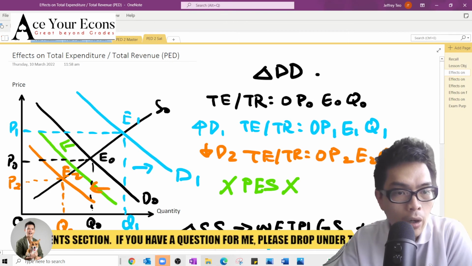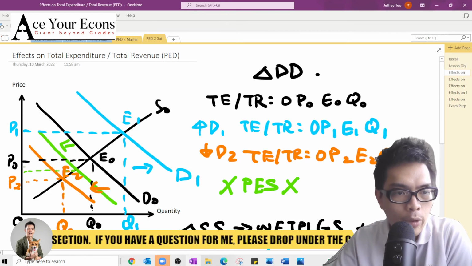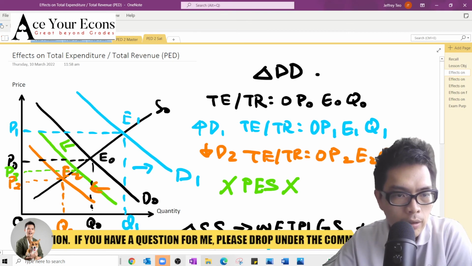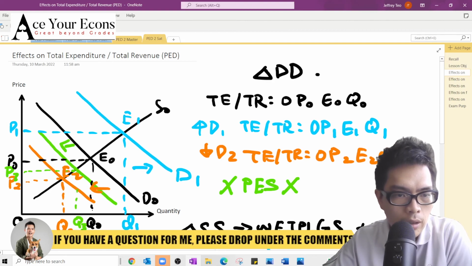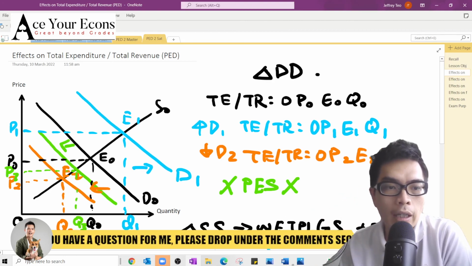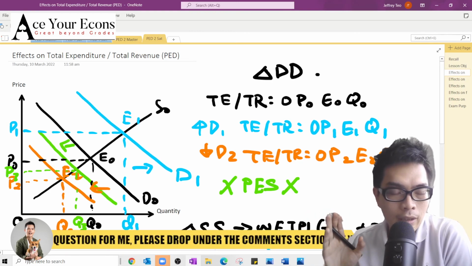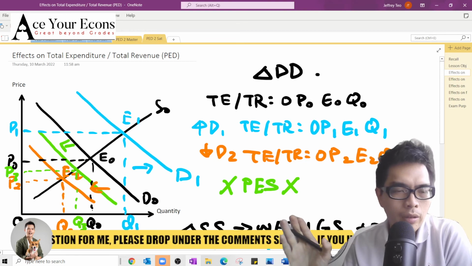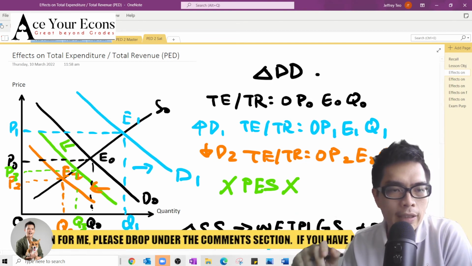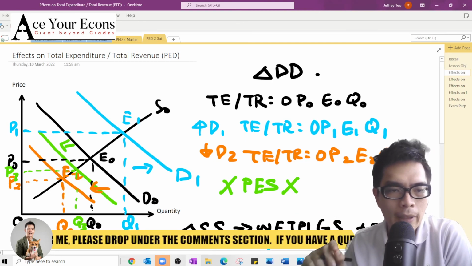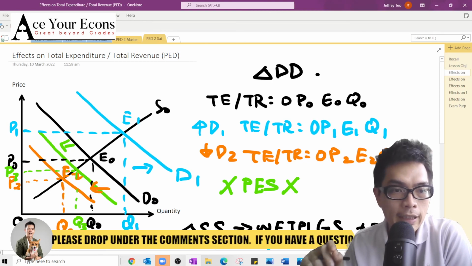So instead of the orange, we shift somewhere in between. E2, the orange demand curve, can be used to depict a luxury good. The one in green is a necessity good. So next week I'll explain more under the YED and XED concept.